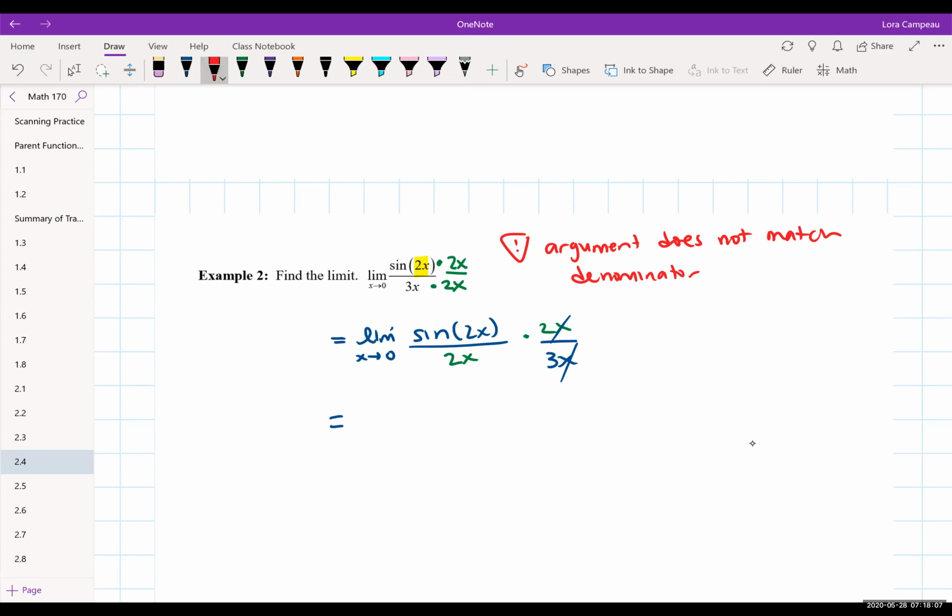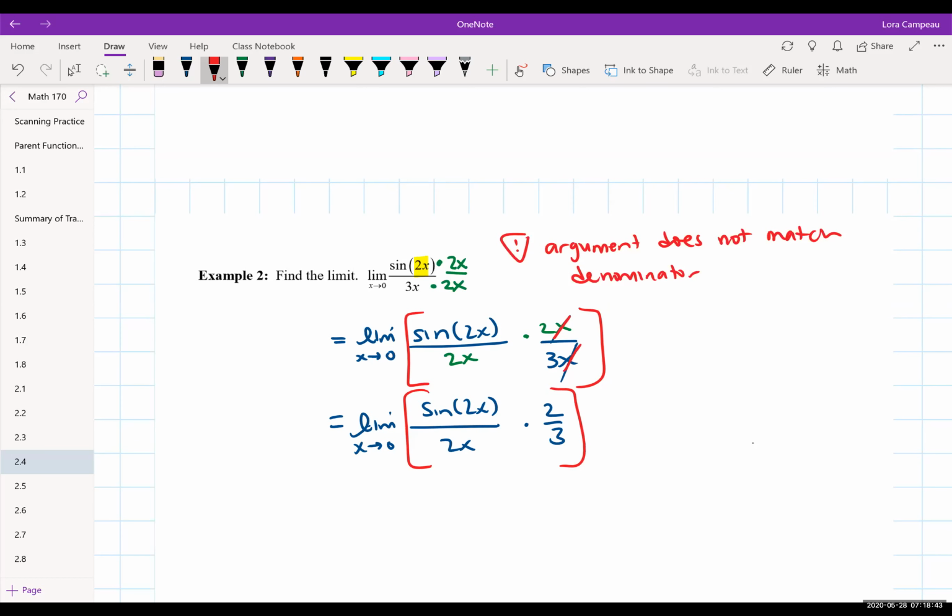And if the x's divide out, I'm going to rewrite this just a little bit so that we can really pause and think about it. I have sine of 2x over 2x times 2/3. Well, now, my friends, we have a limit times a constant, or maybe if I want to be a little bit more precise, technically everything was in the argument at first.